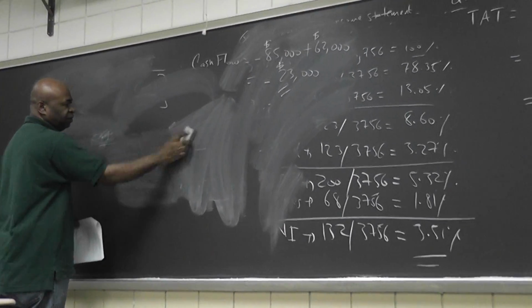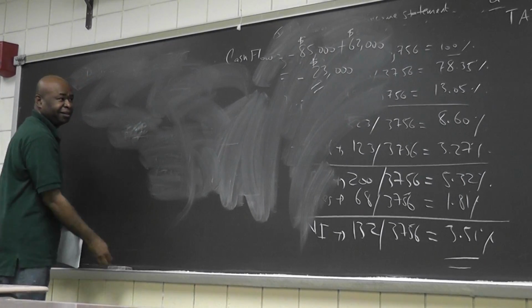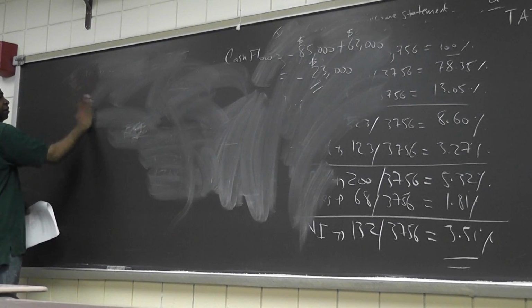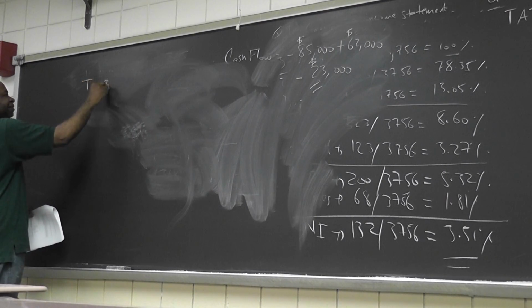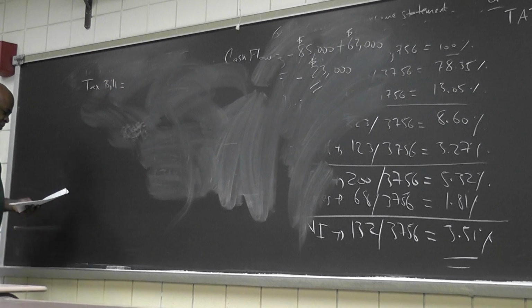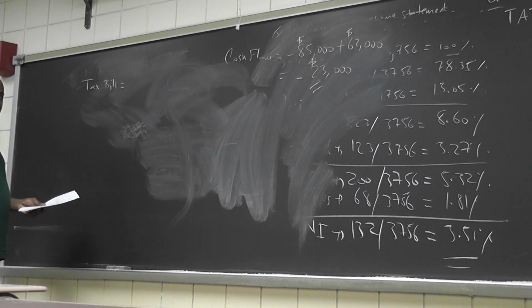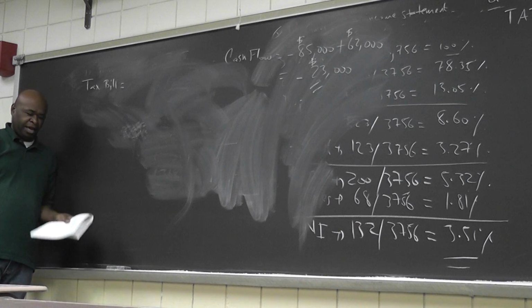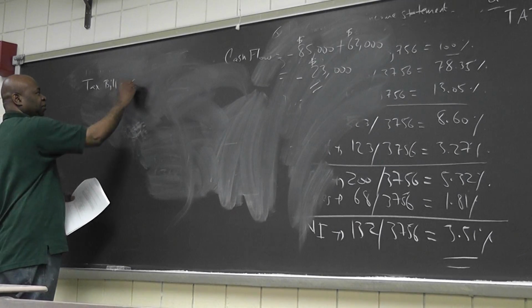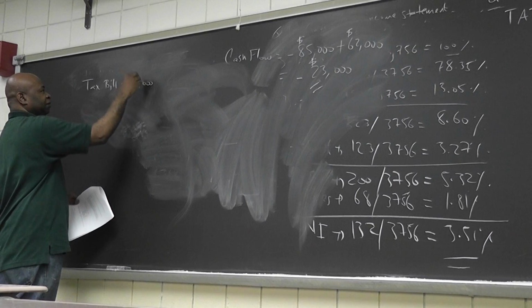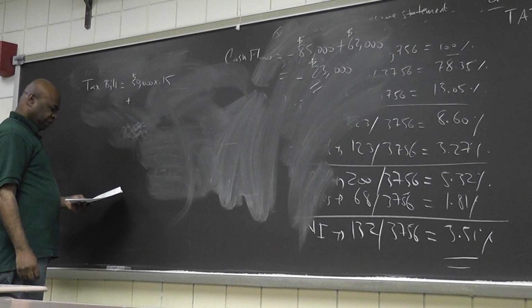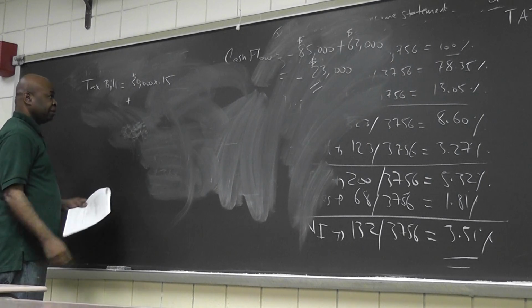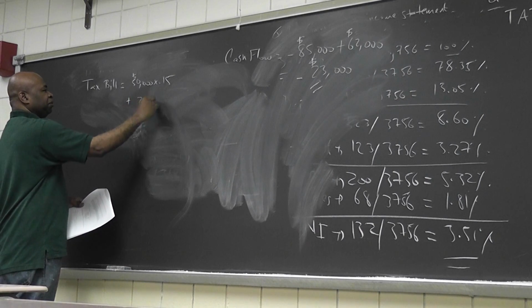So let's compute the taxes paid, the tax bill. The first 50,000 will be taxed at 15%, so I do 50,000 times 0.15, plus the next 25,000, which will be taxed at 25%.